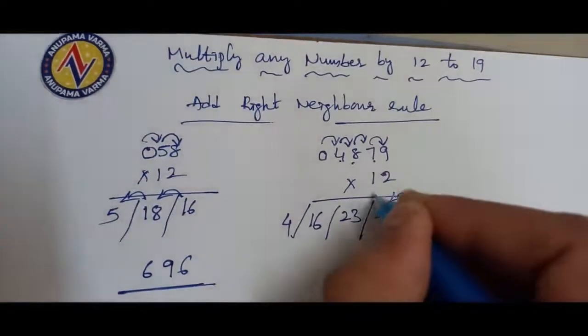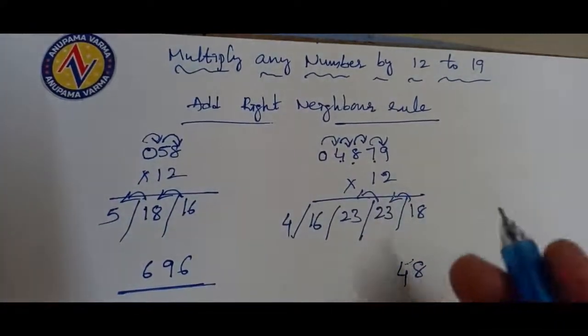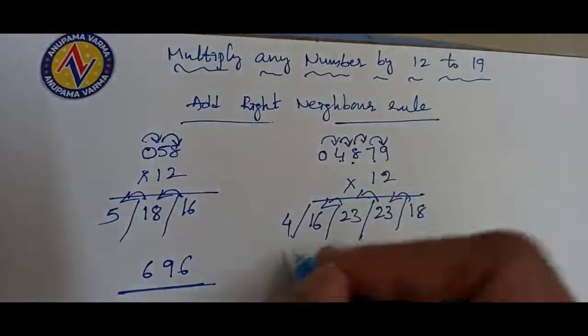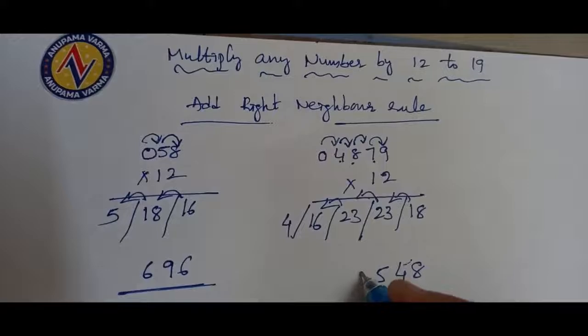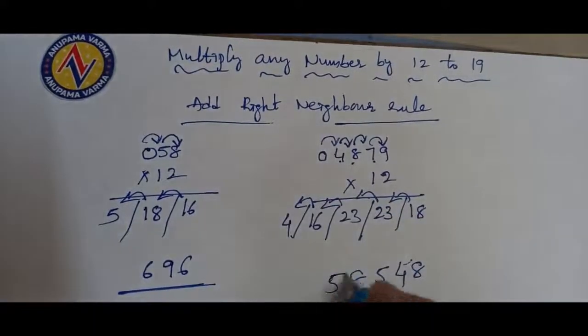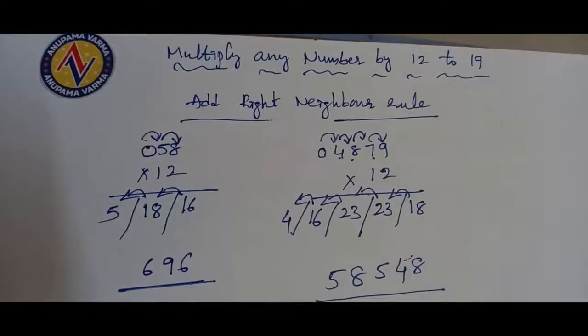Write 4. 2 carry over here. 23 plus 2, 25. Write 5 here. 2 carry over here. 16 plus 2, 18. Write 8 here. 1 carry over here. So 5. So the answer is 58548. Isn't it amazing? I think you got a clear picture now.